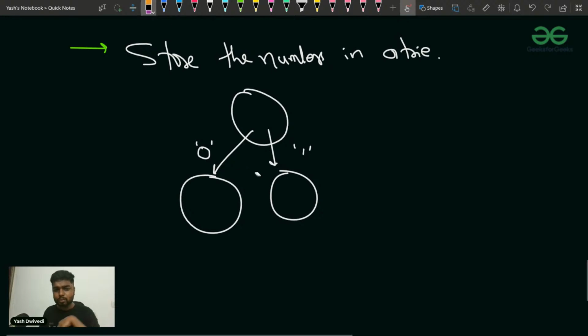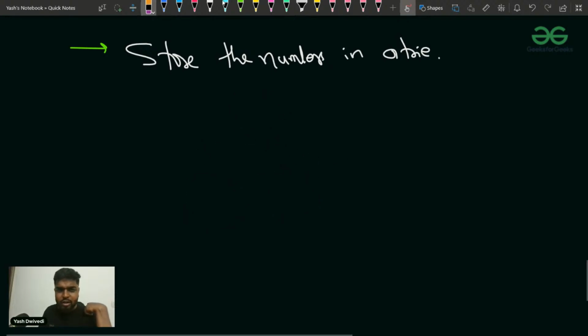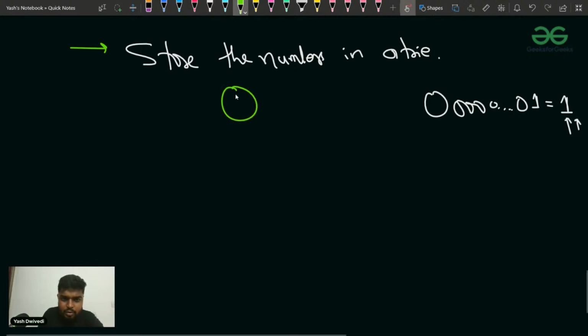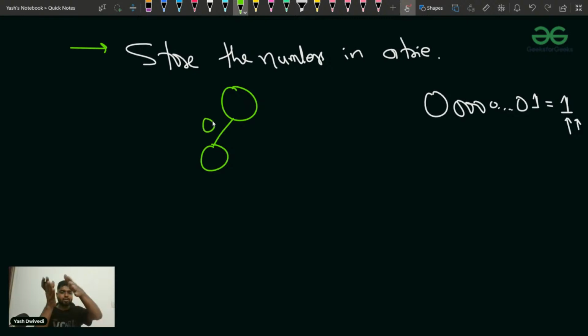Now when you have a number, let's say you have 31 zeros and then a 1, 32 bits in total. This is the representation of 1. So you will make a trie node here and keep adding left children one by one, because the bits are 0.